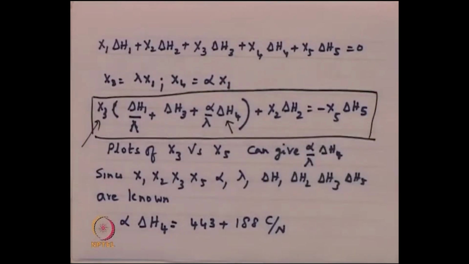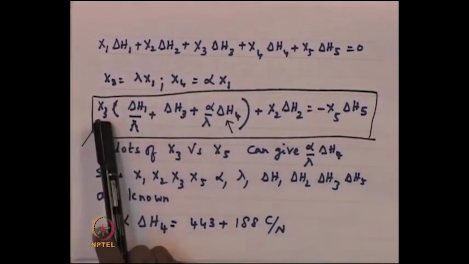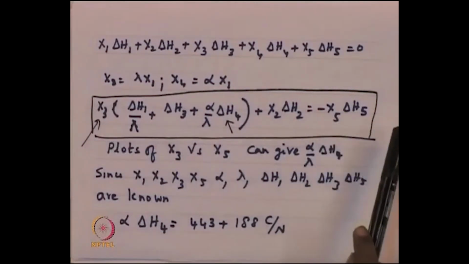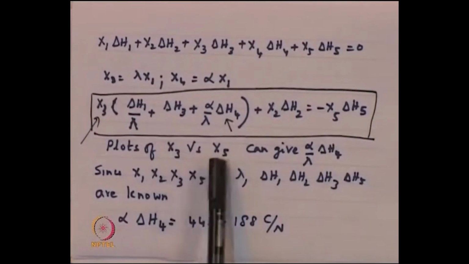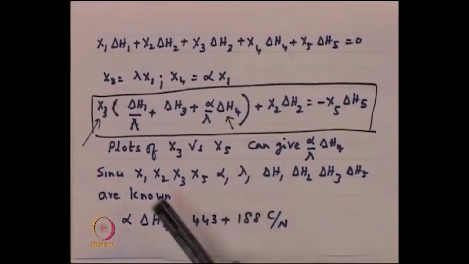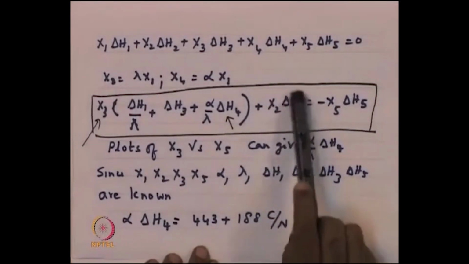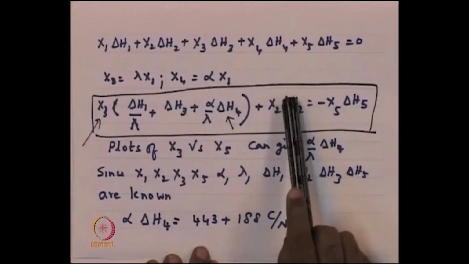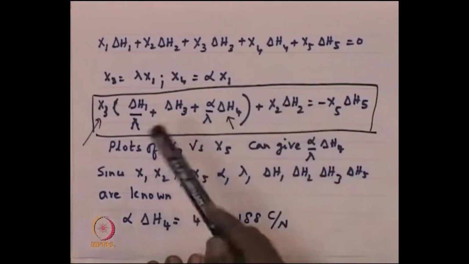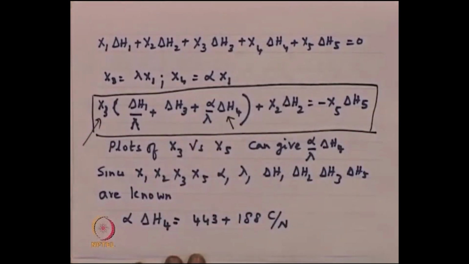In principle, we can plot x3 versus x5, correct? Data is there, x3 data you have, x5 data you have, yes or no? Therefore, if it turns out to be a good straight line, and it is often the case because this term is not very large, your data will tell you it is a reasonably good straight line.